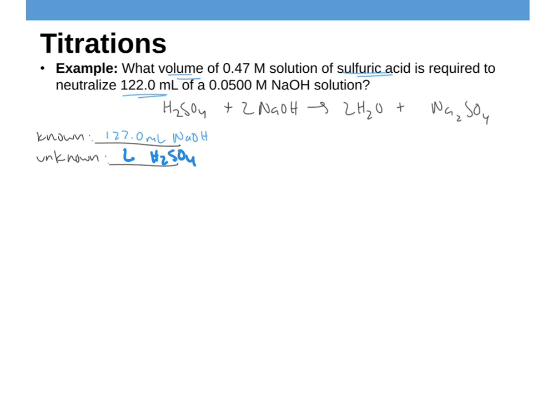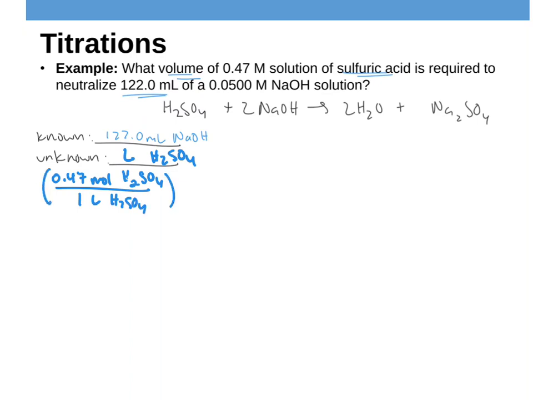And then I want to put in my conversion factors, right? I have 2 molarities given here. So I've got 0.47 moles of H2SO4 over 1 liter H2SO4.